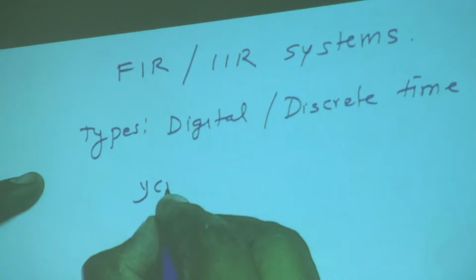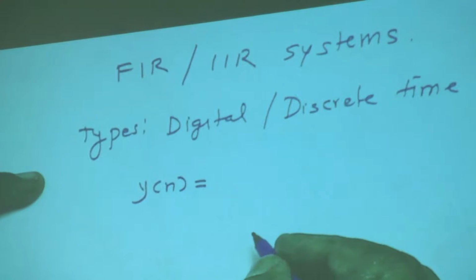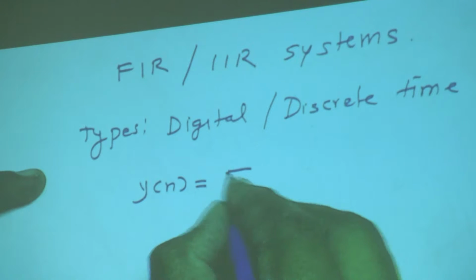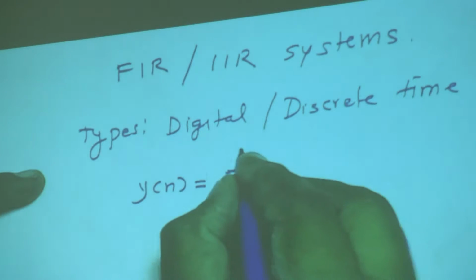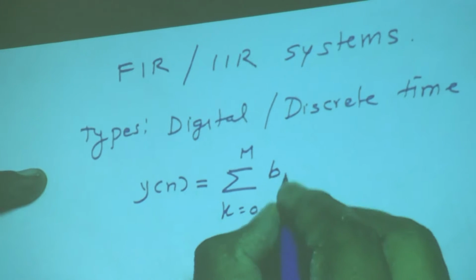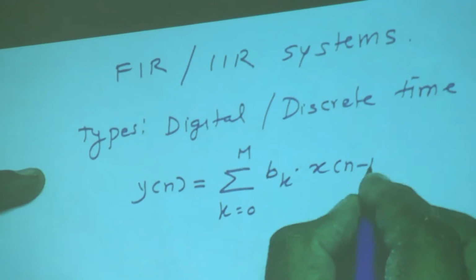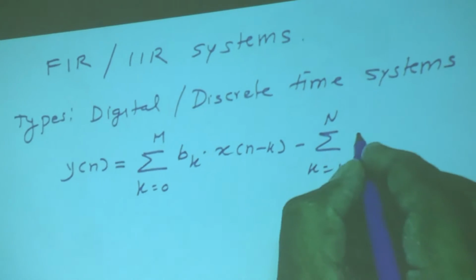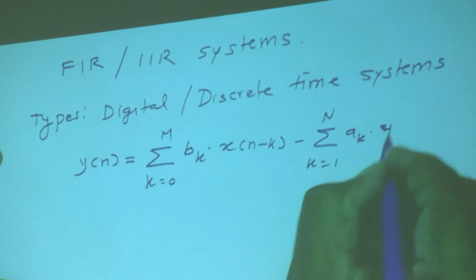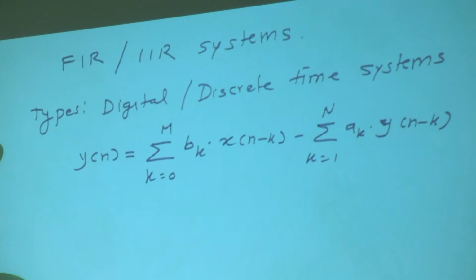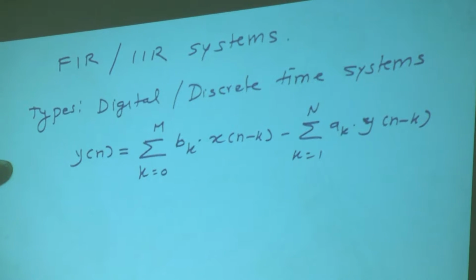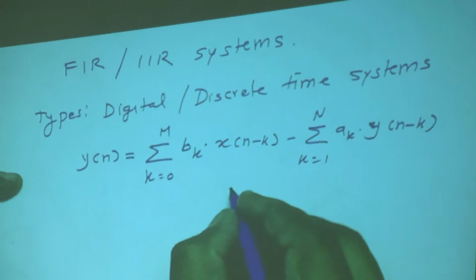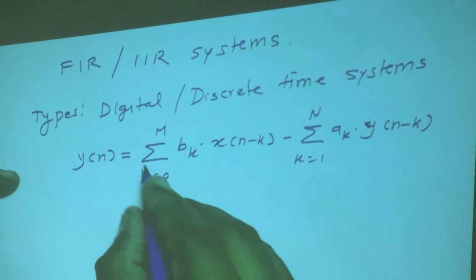In general, a linear time invariant discrete time system is governed by a governing equation: y of n is equal to summation k going from 0 to m of bk times x of n minus k, minus summation k going from 1 to n of ak times y of n minus k. We have said that the classification is on the basis of this equation.